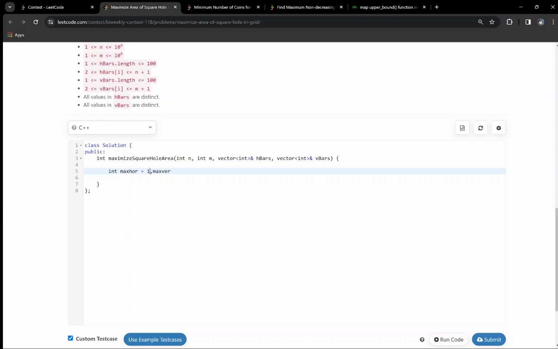Initially it is 1. So for int i equal to 0, i should be less than hBars.size minus 1, i plus plus.